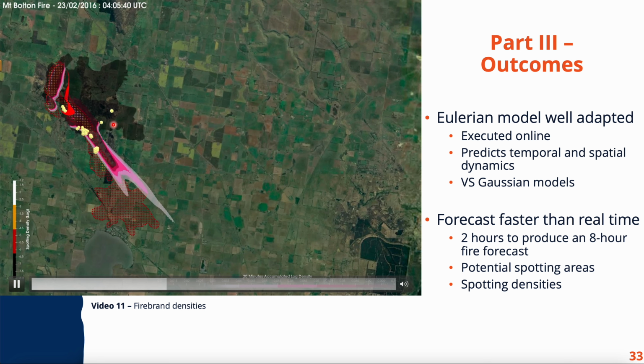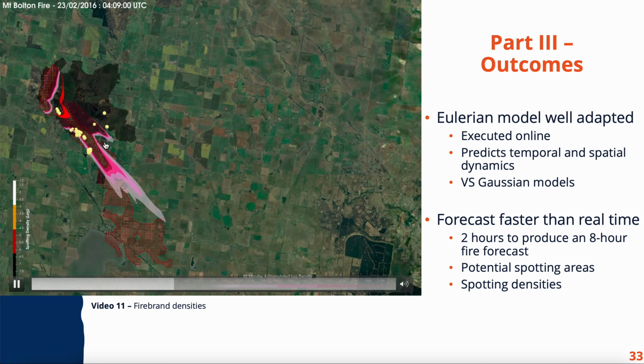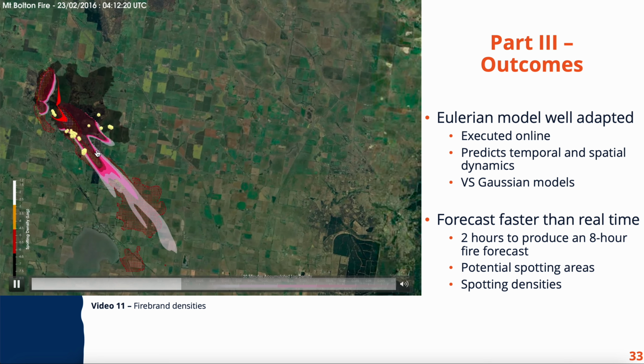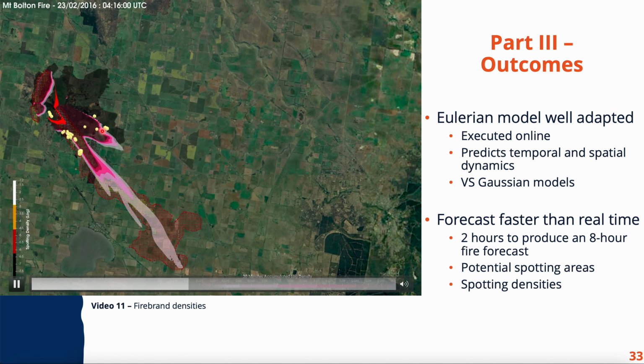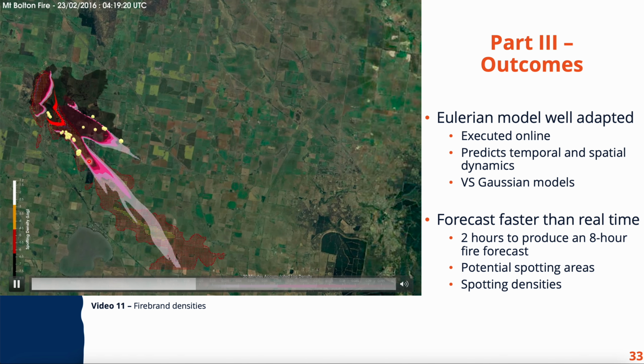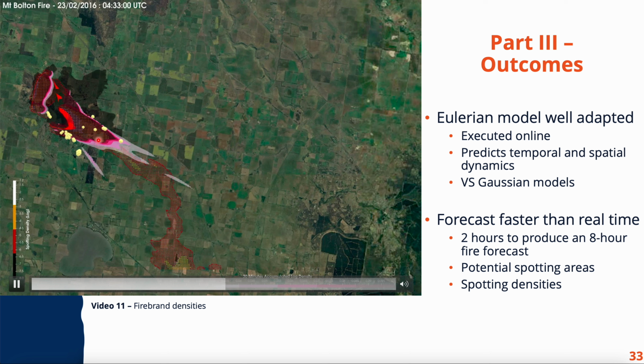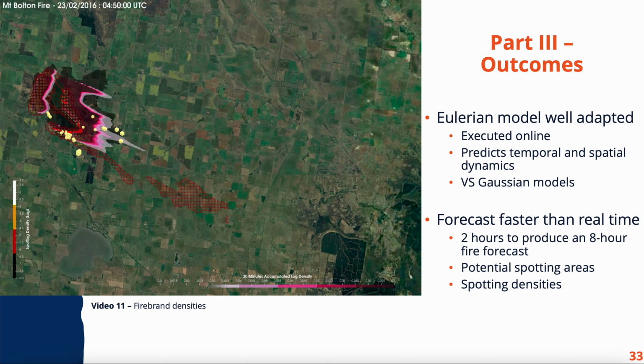There are more spot fires happening. The wind shift is starting to be finalized and completed towards the east. Now there is an increased spotting activity, which is leading to this increased potential spotting area, and you see this small region that was detected by the model, and that was predicting a spot fire that was happening just here as well.